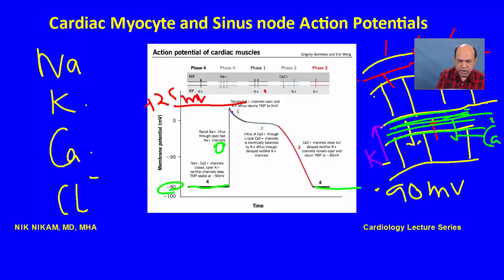Then we have phase 1, 2, 3, which are all related to the movement of ions, namely sodium, potassium, calcium, and chloride. The three most important ones are, of course, sodium, potassium, and calcium. This is, in a nutshell, a summary of what happens inside the myocyte.